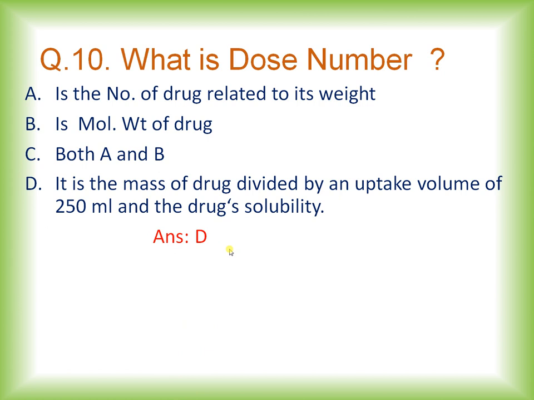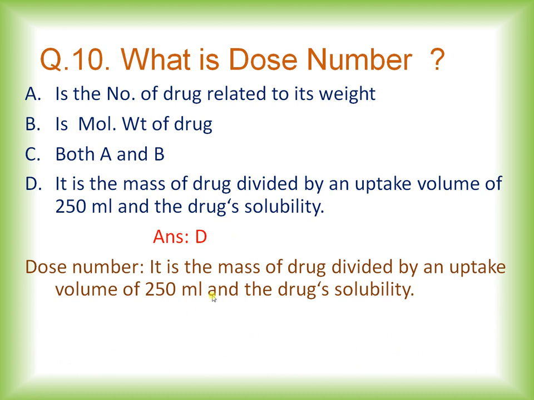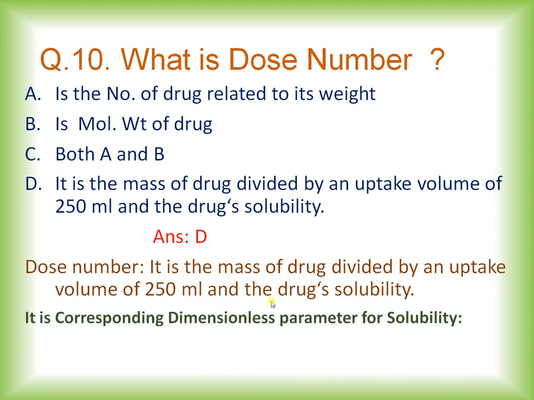And the right answer is option D. So dose number is the mass of drug divided by an uptake volume of 250 ml and the drug's solubility. Dose number is a corresponding dimensionless parameter for solubility.